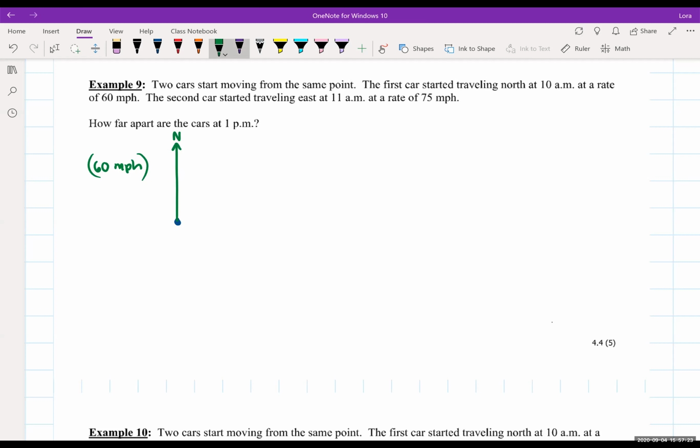The second car started traveling east at 11 a.m. So east would be to the left, at a rate of 75 miles per hour. So I'll draw that information just in case.